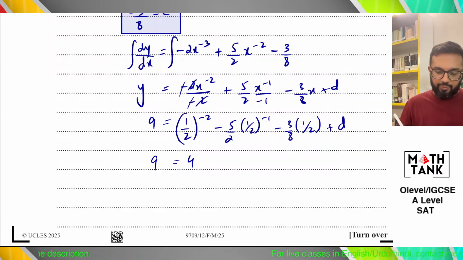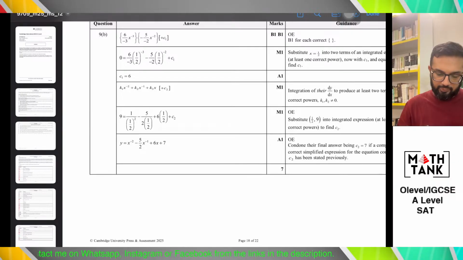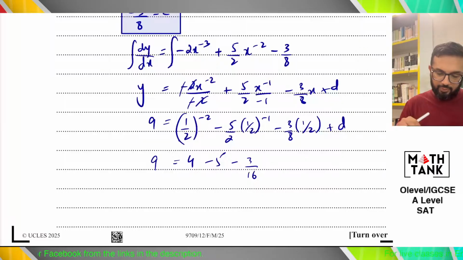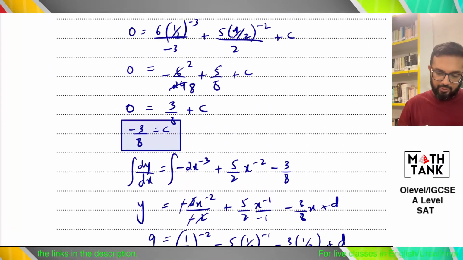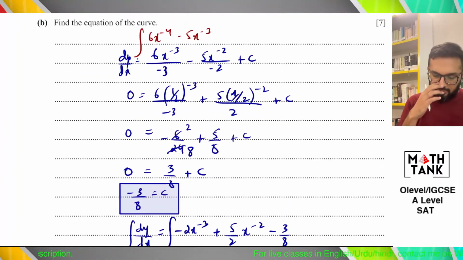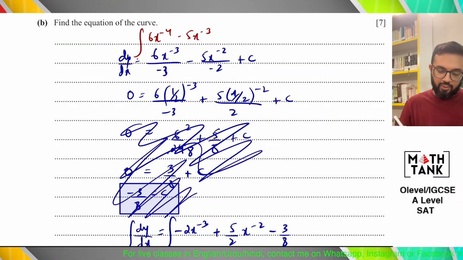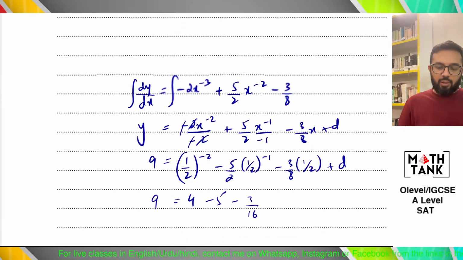So 5. Is my first C correct? The first C is also not correct. If I've done that here, I've probably done that here as well. Okay, let's solve this again.